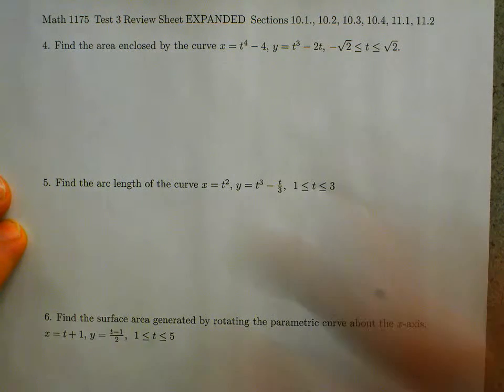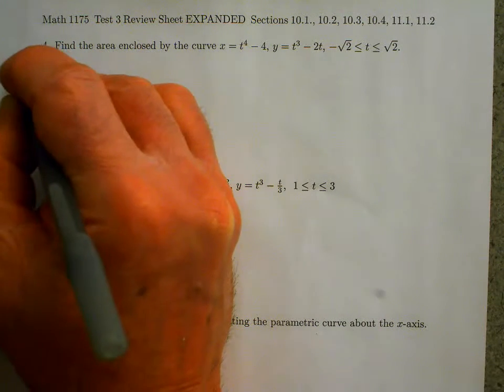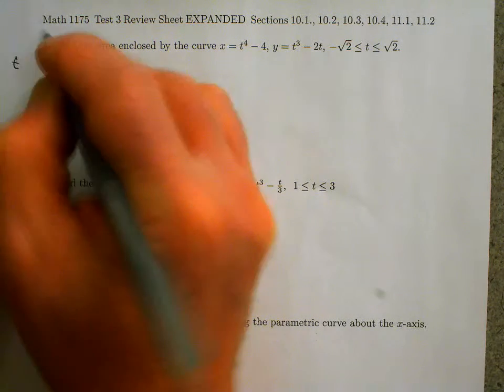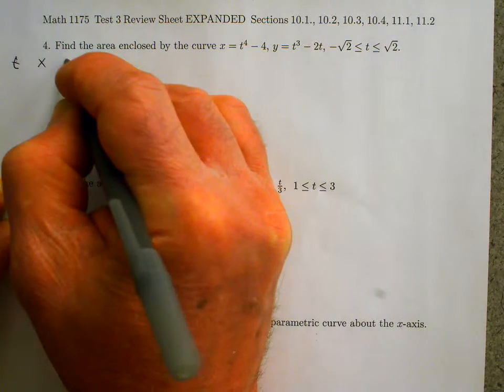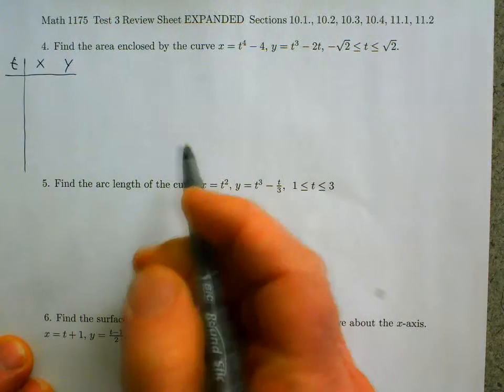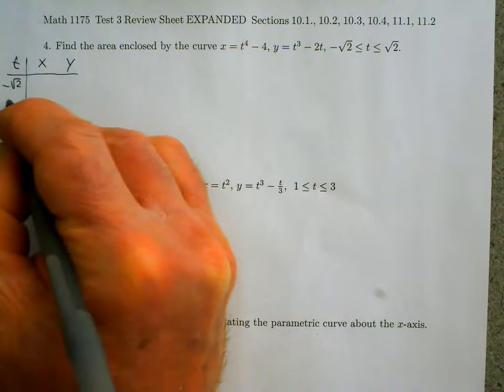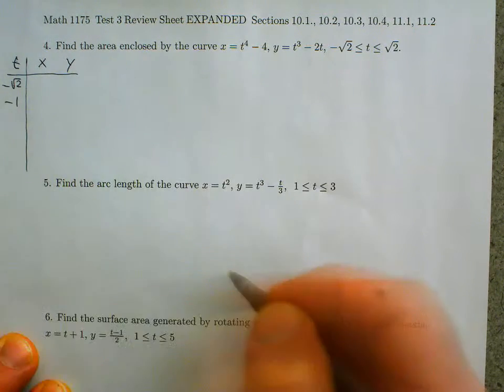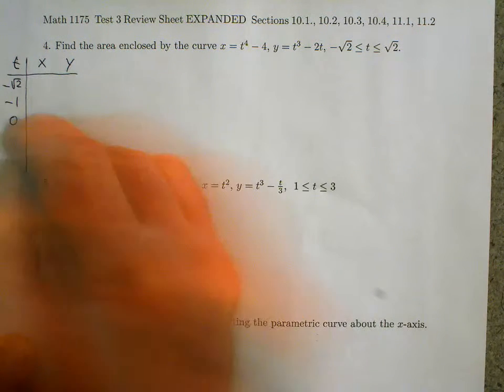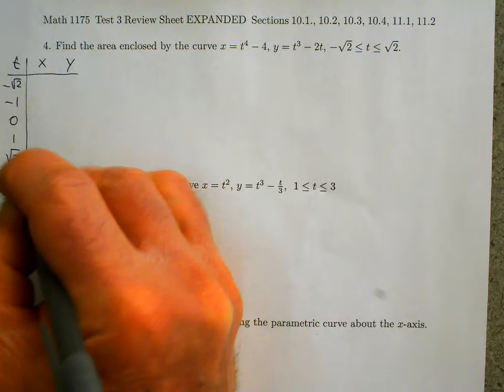So let's get an idea of what the curve looks like. So I'll pick t values: negative square root of 2, negative 1, 0, positive 1, and positive square root of 2.